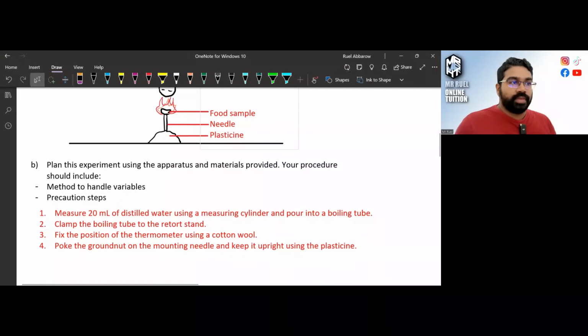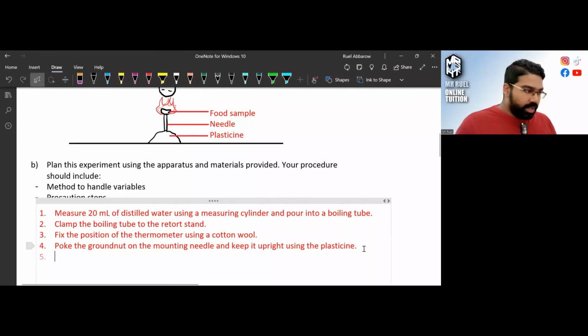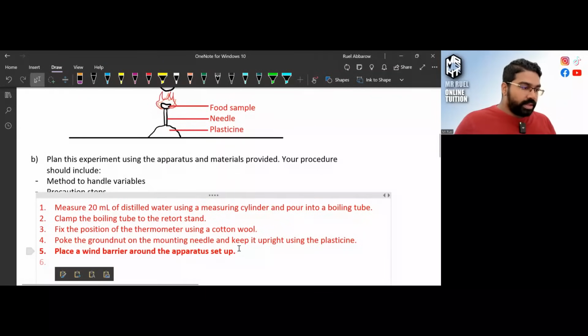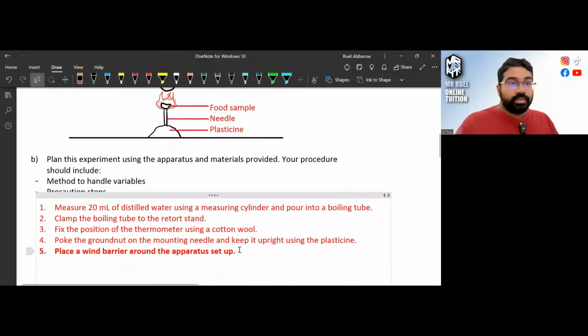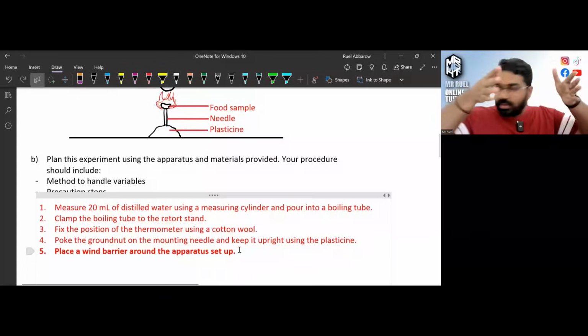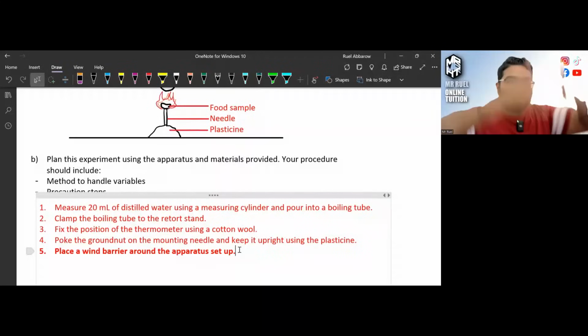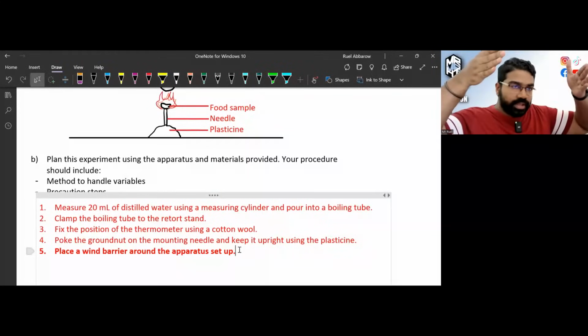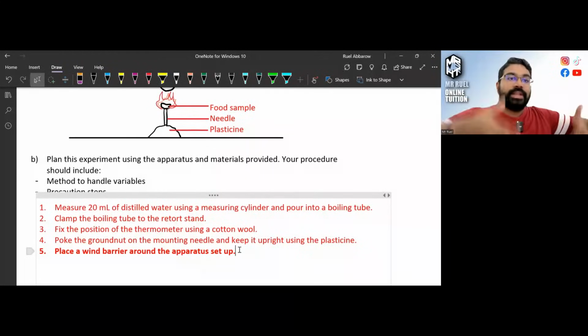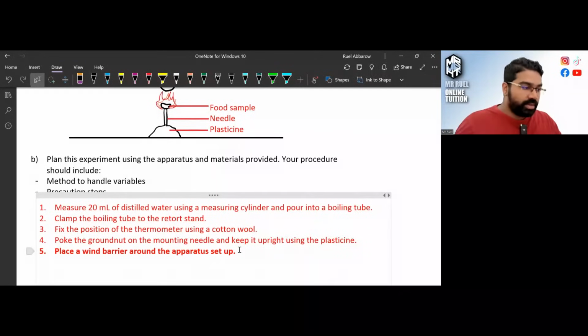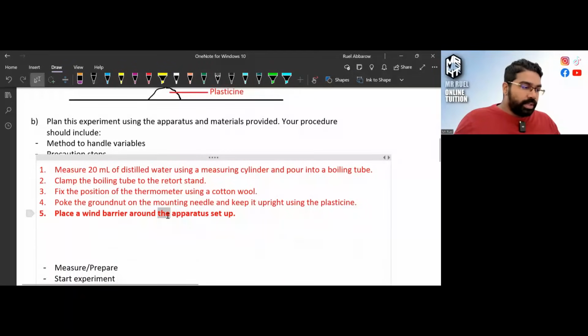Then after that, we are going to place a wind barrier around the apparatus setup. You know the wind barrier. It's a large sheet of metal, usually aluminium, to block the wind. Now, why is this bolded?